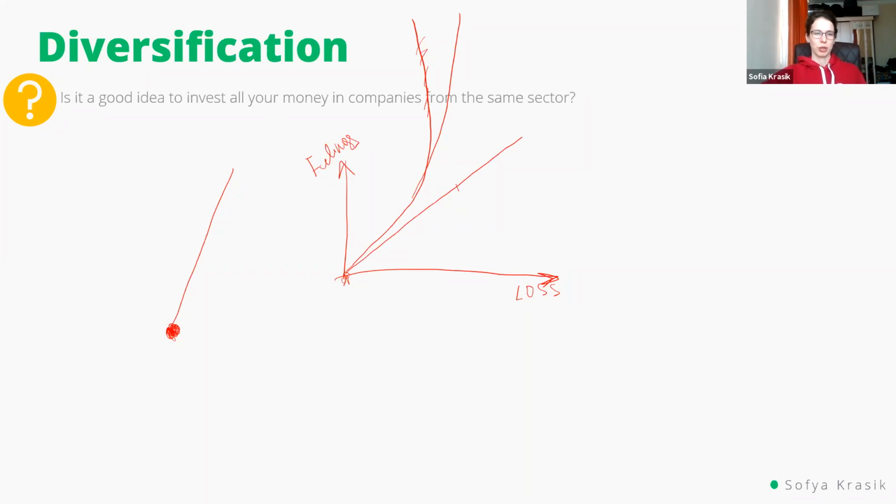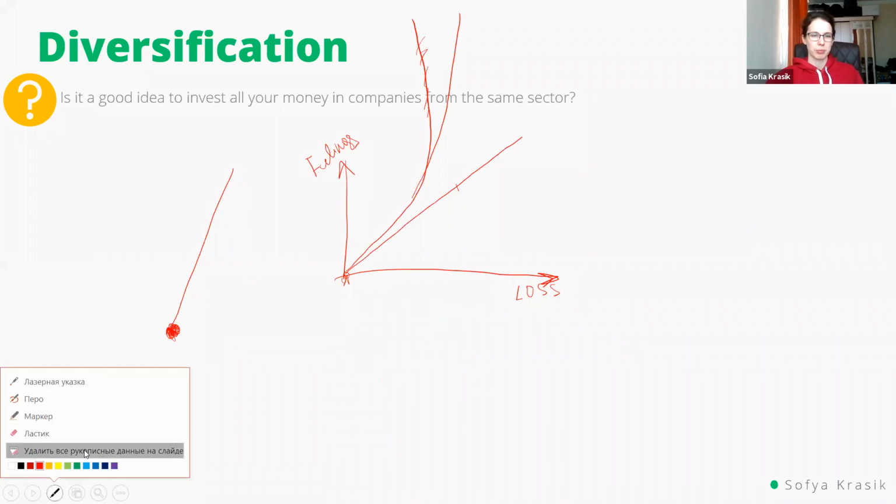Of course, if you are ready for such a level of risk and you are actually ready to lose half of your money in a couple of days, just for the chance that maybe the whole sector will grow and you get twice as rich, then maybe this could be your option. But in general, for most people, this possibility of loss should be avoided.